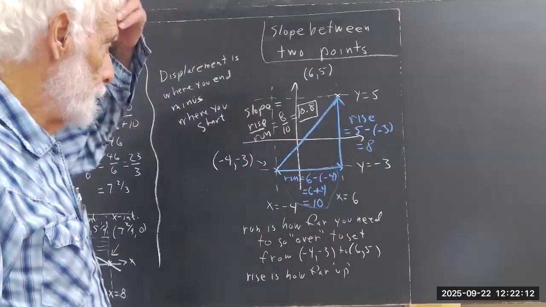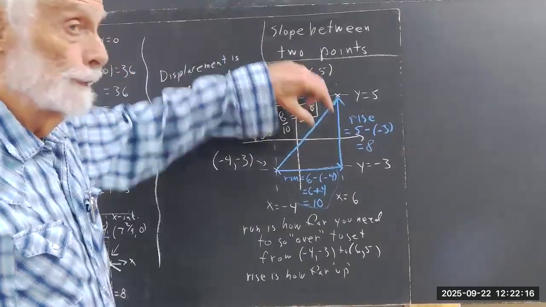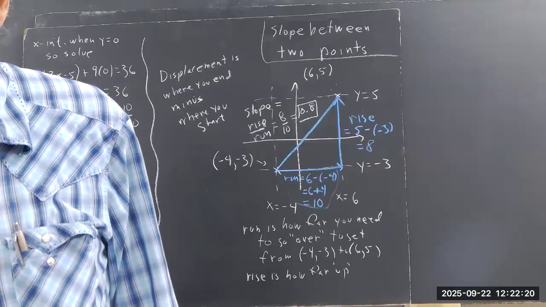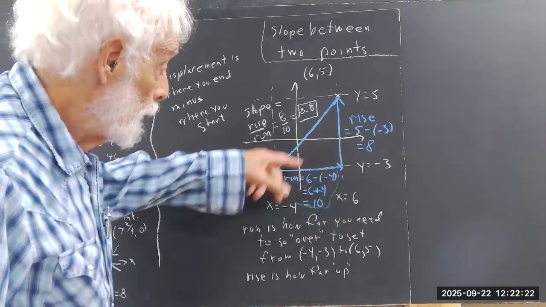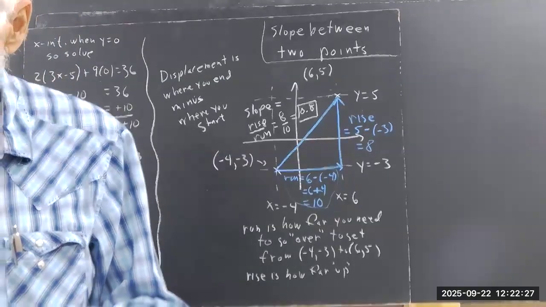Now look at what I've got here. I put a box around this final result for the slope. Okay. And now I can look at this picture and see every part of what I had to calculate to get the slope.